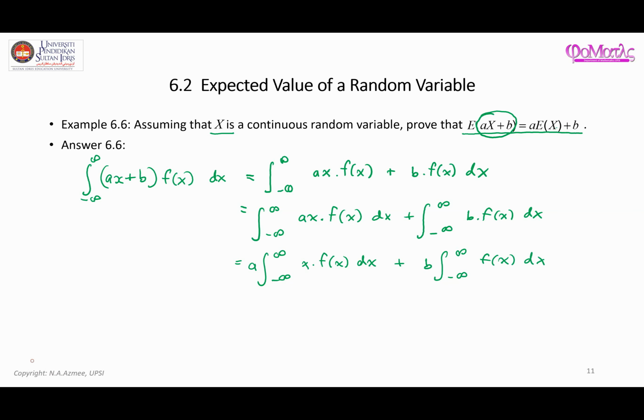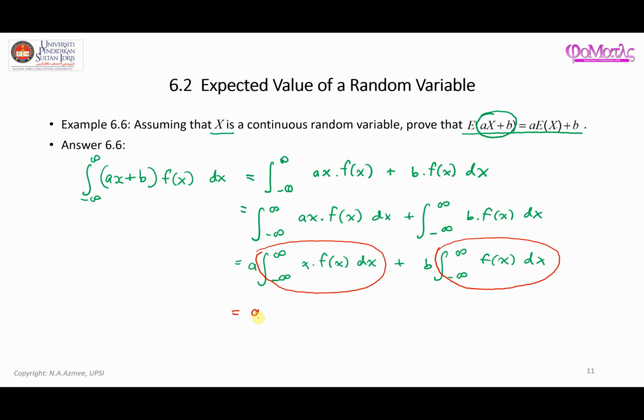This part here is the definition of finding the expected value of X, and this other part is going to become 1, because when you integrate the PDF over the range from negative infinity to infinity, the result is equal to 1.